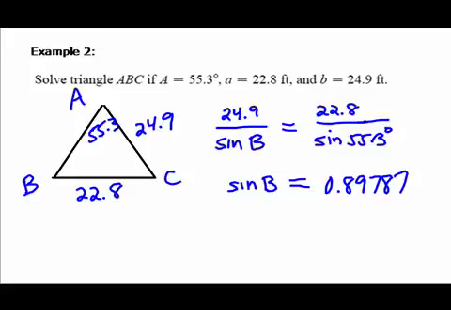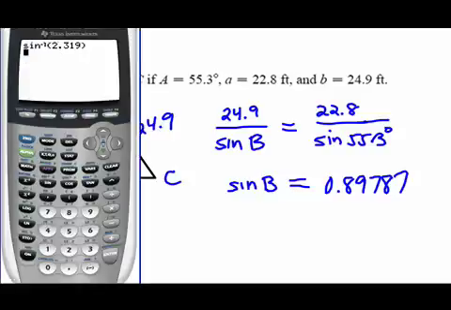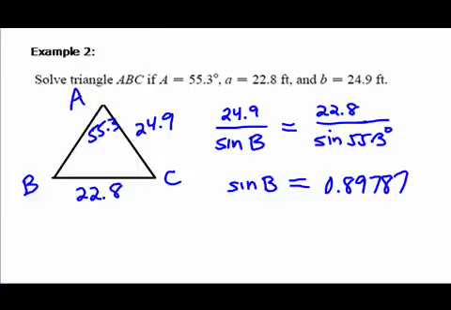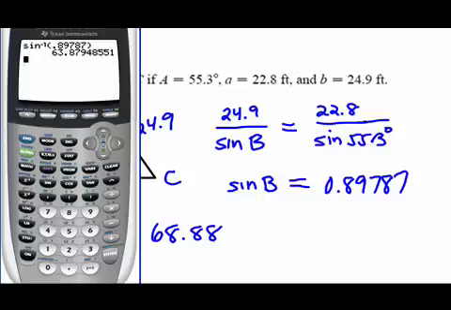And then when we ask our calculator, inverse sine, making sure our calculator is in degree mode, inverse sine 0.89787, we see that that angle is 63.88 degrees. So let's put over here, angle B is 63.88.